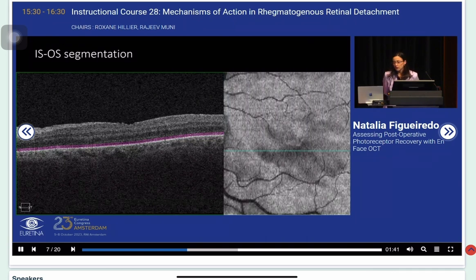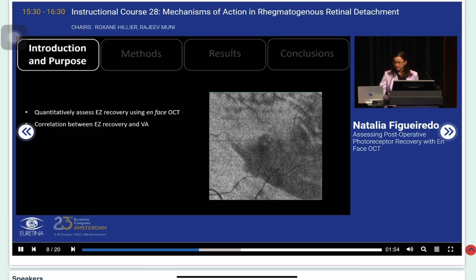We used the default ISOS automated segmentation from the Zeiss software. Here's an example of this segmentation and its en face image to the right. The aim of the study was to quantitatively assess EZ recovery using en face OCT and to determine the correlation between EZ recovery and visual acuity improvement.